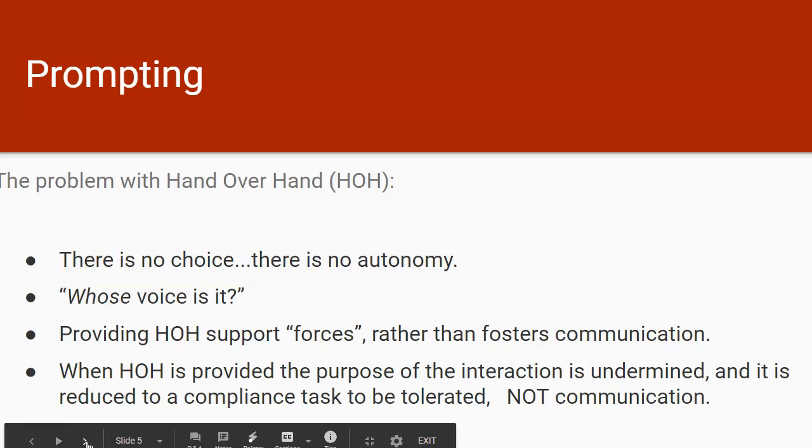Providing hand-over-hand support forces the communication rather than fosters it. When hand-over-hand is provided, the purpose of the interaction is undermined, and it reduces communication to compliance tasks to be tolerable. They are not communicating.